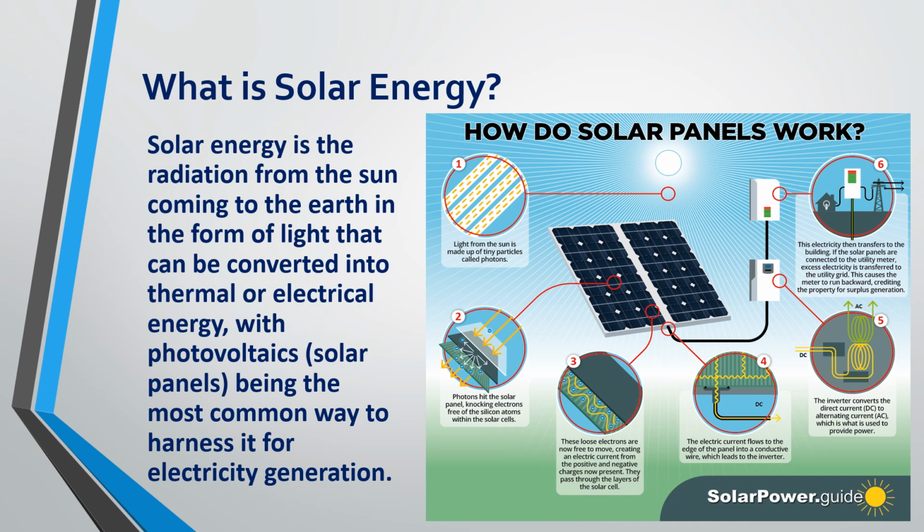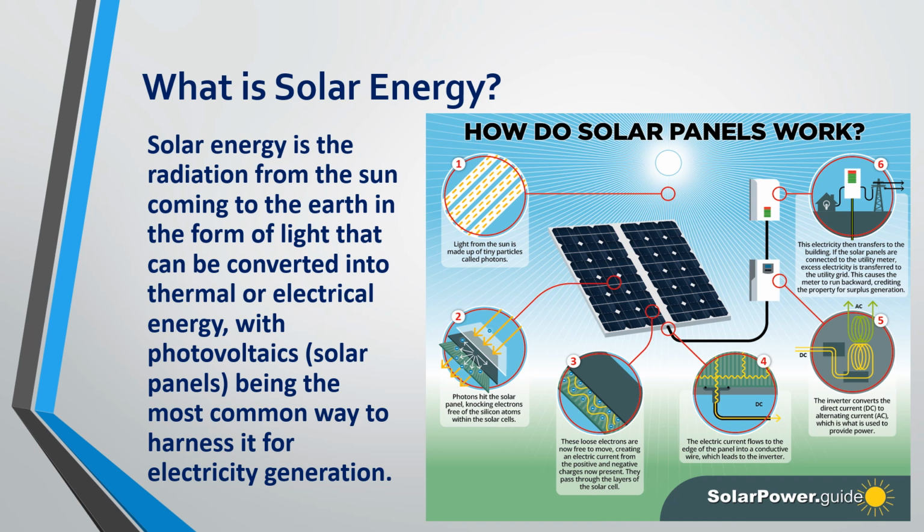These loose electrons are now free to move, creating an electric current from the positive to negative charges now present. They pass through the layers of the solar cell. The electric current flows to the edge of the panel into the conductive wire, which leads to the inverter.